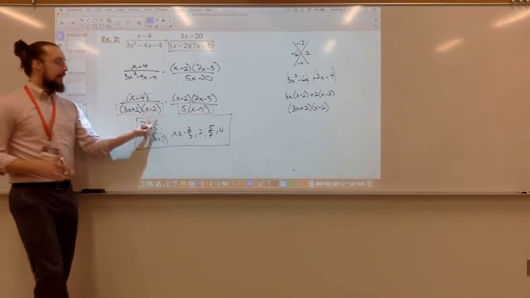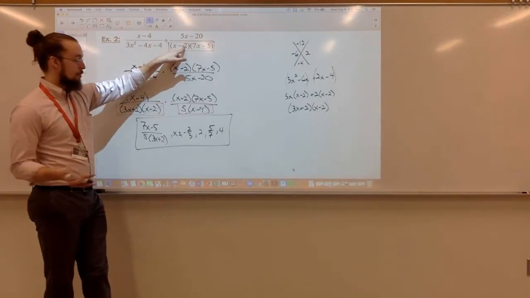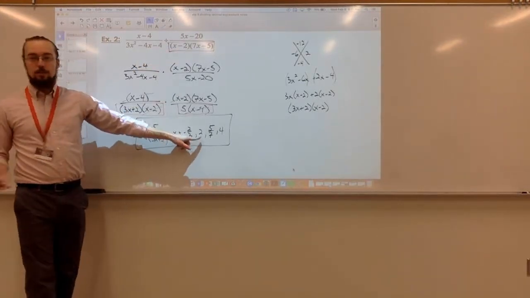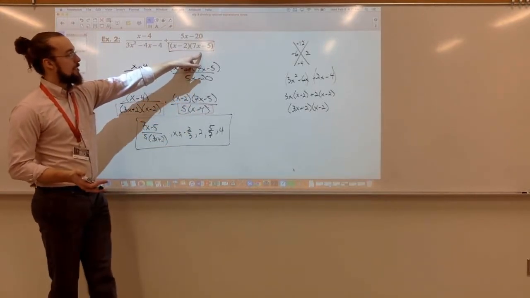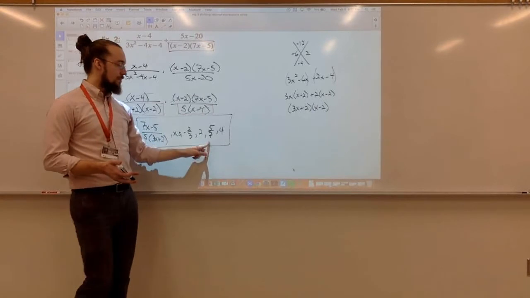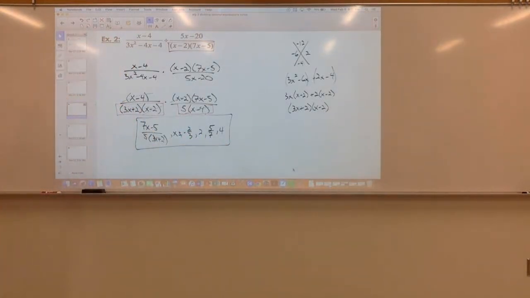This one, I would get x cannot be 2. This one, I would also get x cannot be 2, so I don't have to write it again. Here, if I set this one equal to 0, I would get that x cannot be 5 over 7. And then this one, I get x cannot be 4. So any factor that was ever in the denominator is how we get our restrictions. Questions?